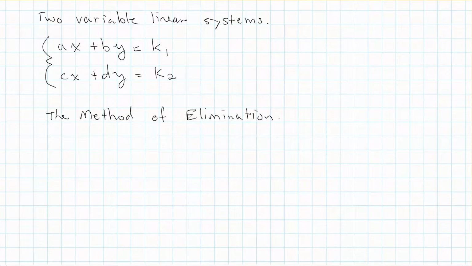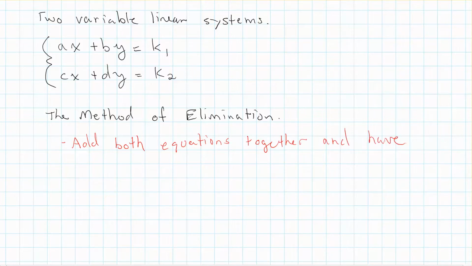And the goal here is to add both equations together and have one of the variables cancel out.